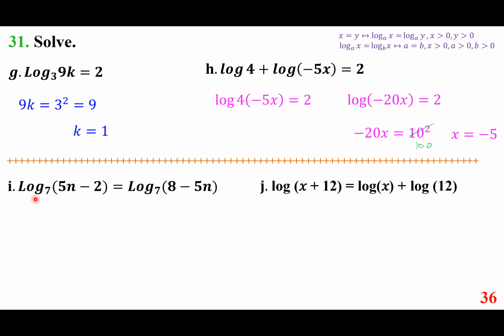Okay, 1 log on the left, 1 log on the right. So 5n minus 2 equals 8 minus 5n. We're going to move things around as follows. n equals 10, n becomes 1.